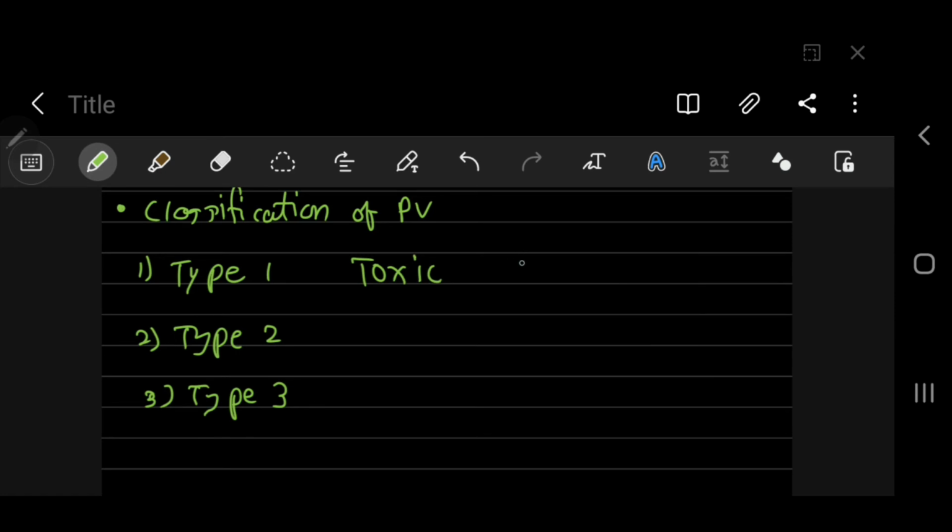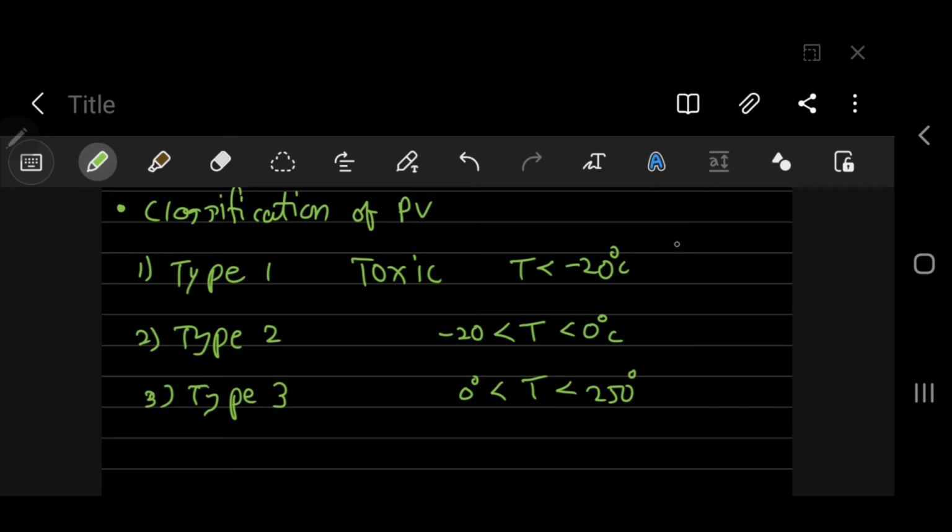Its temperature range is that the gas or liquid stored in the cylinder should be at less than minus 20 degrees Celsius. For type 2, the temperature will be in the range of minus 20 to 0 degrees Celsius. And for type 3, the temperature will be between 0 degrees Celsius to 250 degrees Celsius.